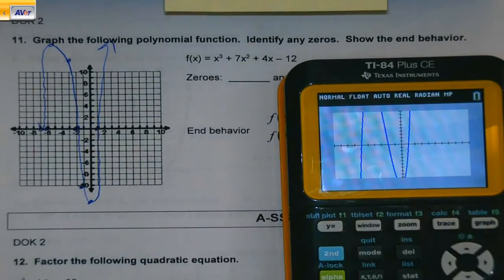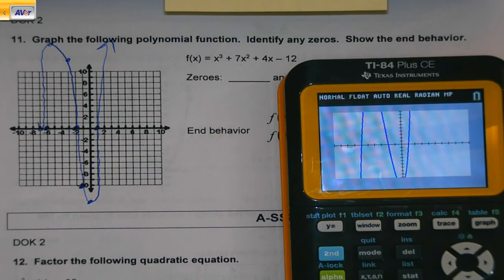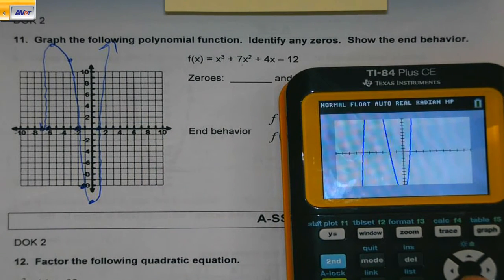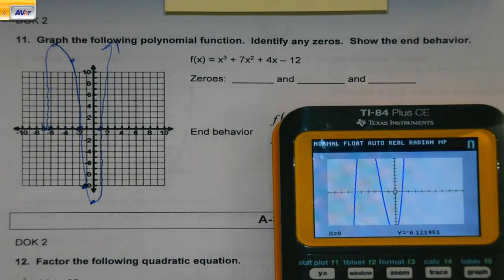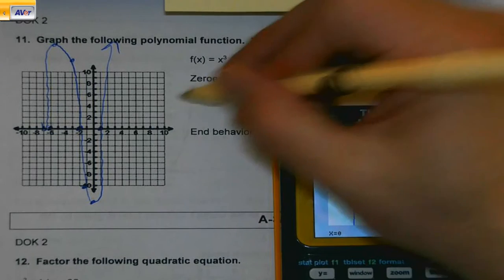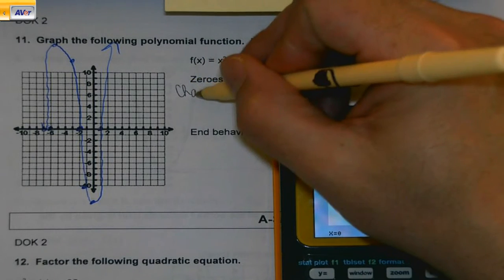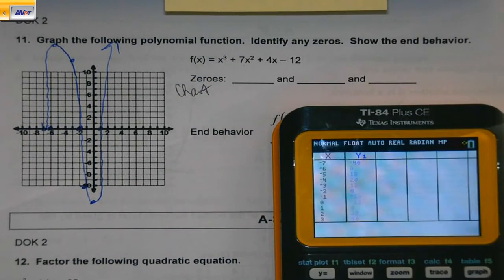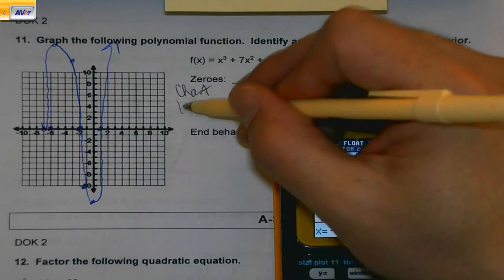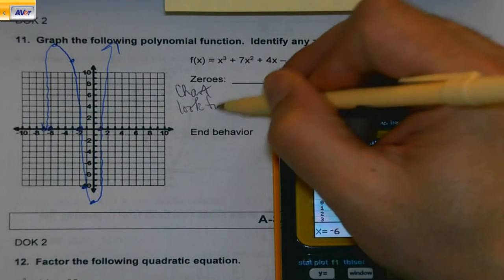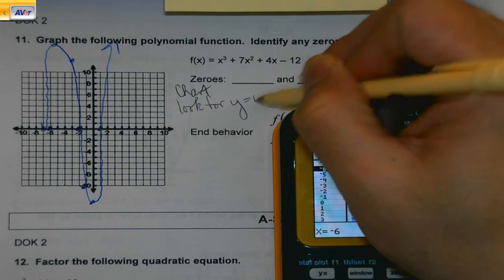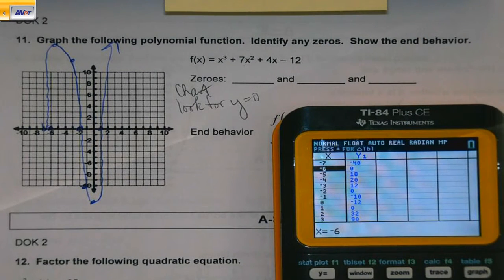Okay, again, as you can see through my picture, your picture does not necessarily need to be perfect, but you can kind of see how this works. So when I go looking for the zeros, I could do a fancy thing on the calculator, but you know what I can do that's even better? If we use the chart, and we're going to look for places where y equals 0.